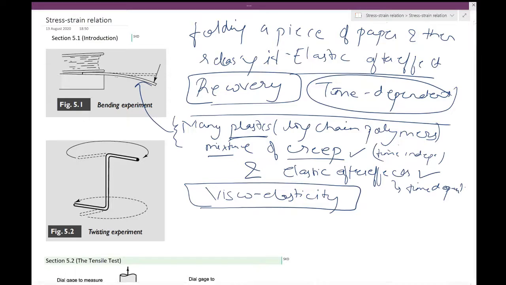Is it time independent or dependent? Yes, the mixture will be dependent on time. So this viscoelasticity is different from plasticity in that respect: plasticity does not depend on time, viscoelasticity does. Okay, this word visco you must have heard before. It's just like viscous fluids like honey or similar sort of materials.